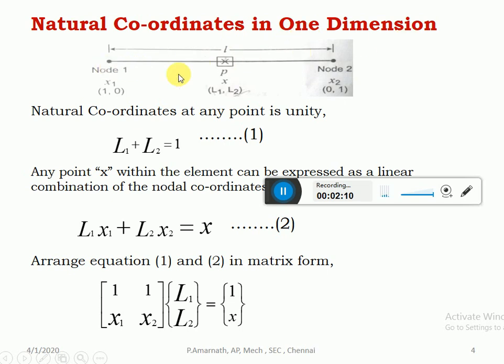If you take a 1 dimensional element with two nodes, the sum of the natural coordinates at any point is unity: L1 plus L2 equals 1. Let us take this as equation number 1.